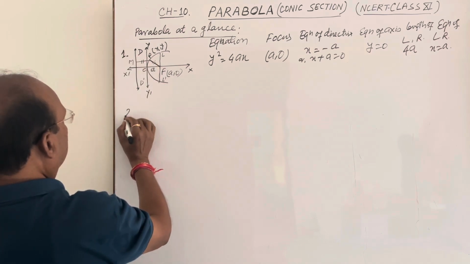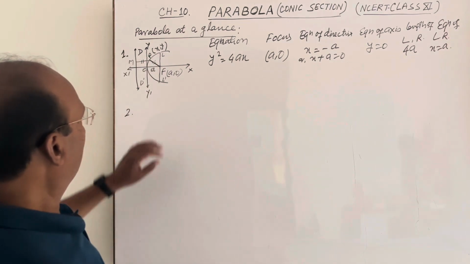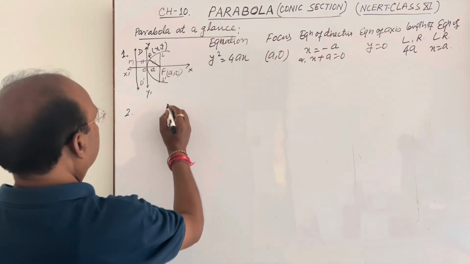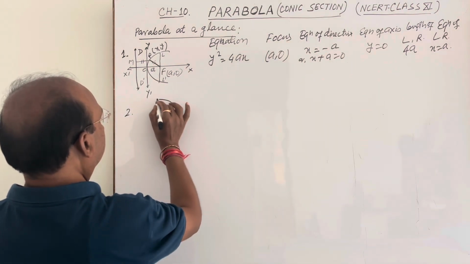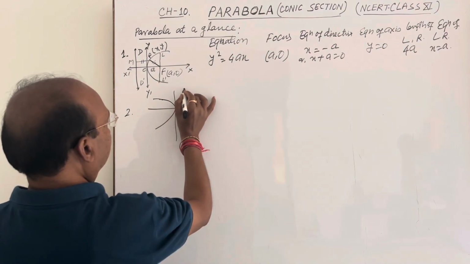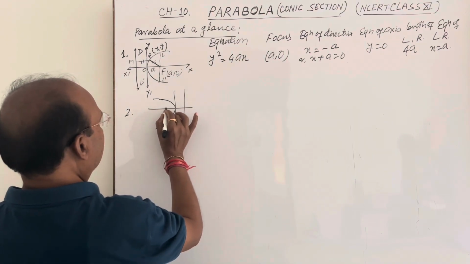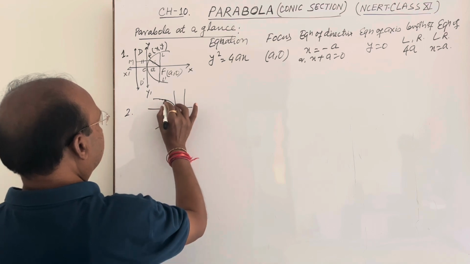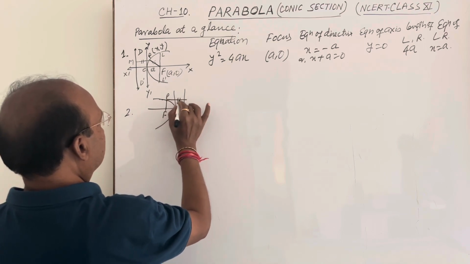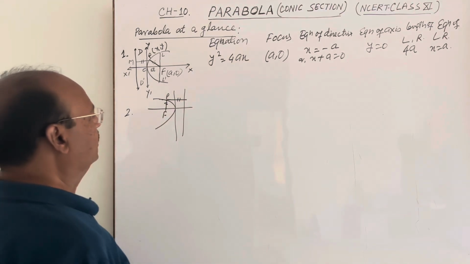Type 2, if the parabola is open on the left side, like this, the parabola is like this, focus is here, this is a movable point P, and these distances are equal.